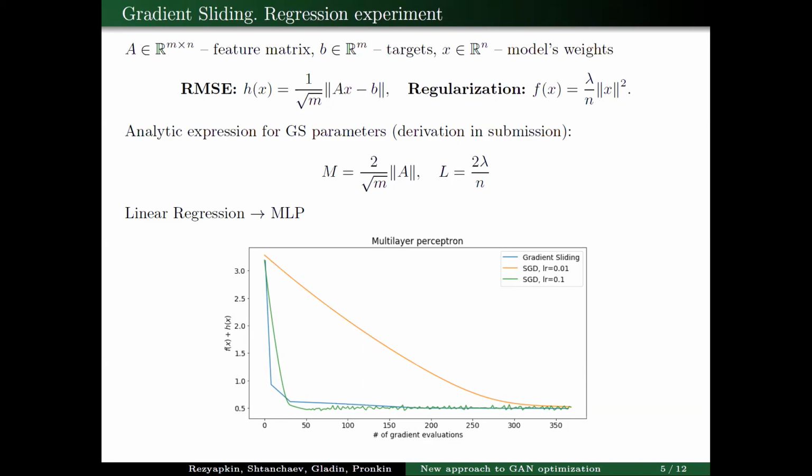For MLP derivation can be done in this way. So we used linear regression ones scaled by some factor, and they worked well. You can see that gradient sliding shows performance comparable with SGD results. Next slide, please.